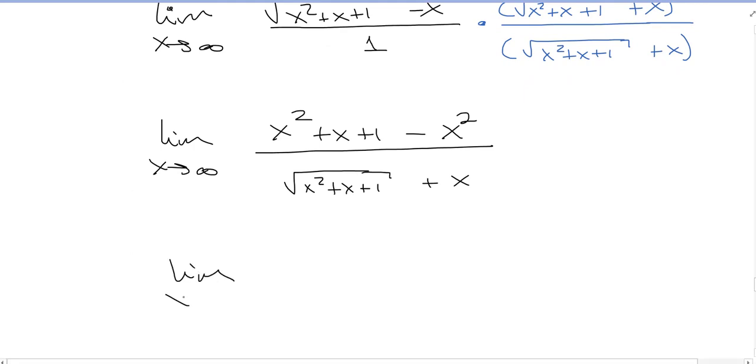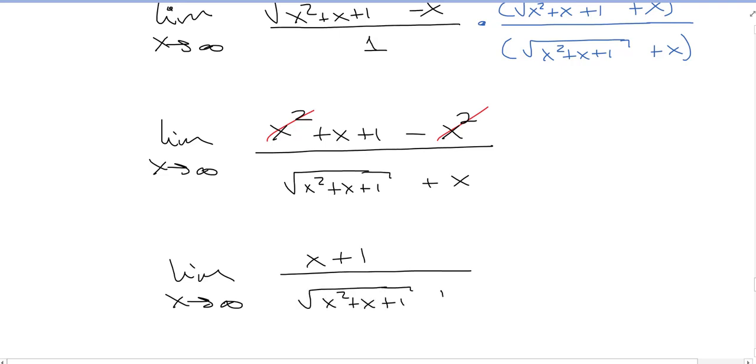So I have the limit as x goes to infinity of, my x squareds cancel. So I'm just left with x plus 1 over the square root of x squared plus x plus 1 plus x. And now I have a rational expression. And so now I have infinity over, now I have infinity plus infinity, right?